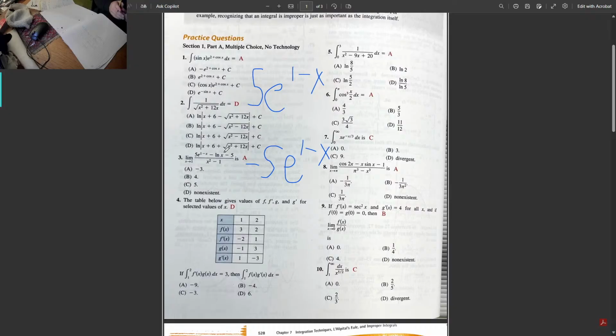Let's see here. 1 over 0. It's probably undefined. Yeah, it's undefined. What do we do with something that's undefined? I don't know. Because now the limit as x approaches 1 will be negative 5 minus undefined over 2.